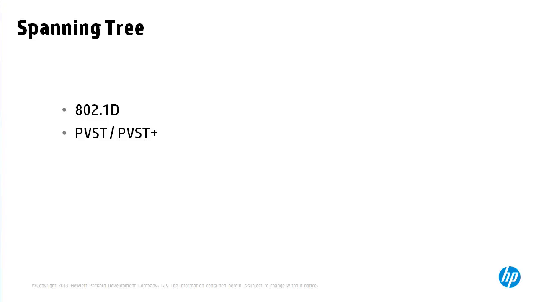The difference between PVST and PVST Plus is that PVST is only supported on ISL links rather than on 802.1q. PVST Plus supports both ISL and 802.1q. These days, ISL is generally not used, and thus today we use PVST Plus and not PVST.